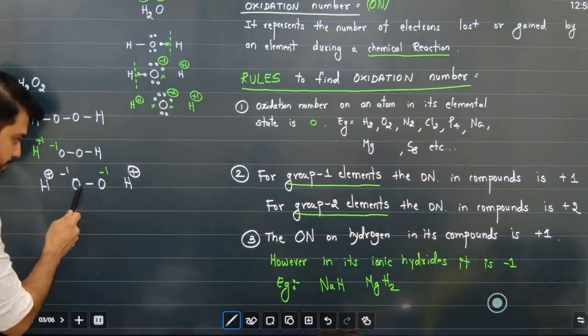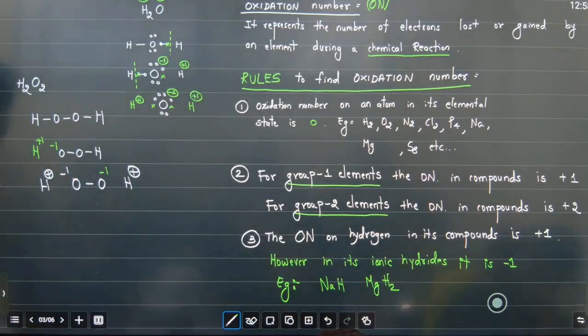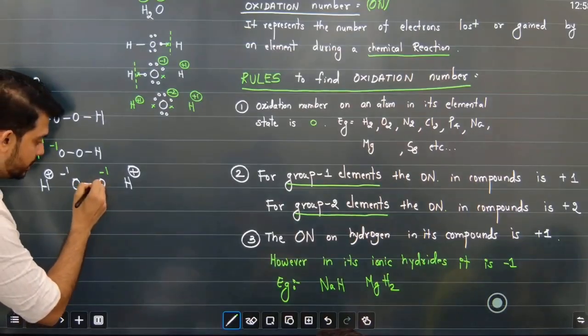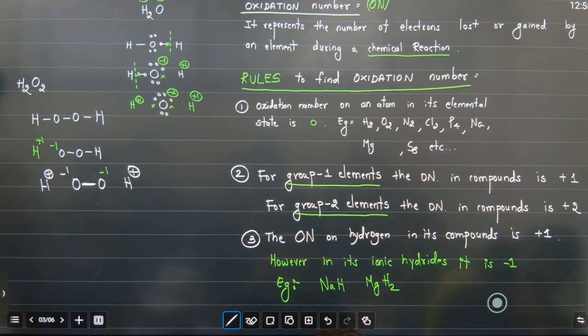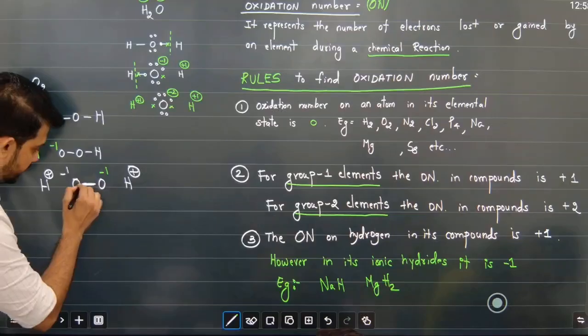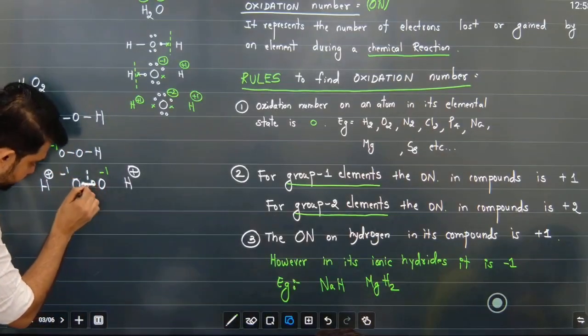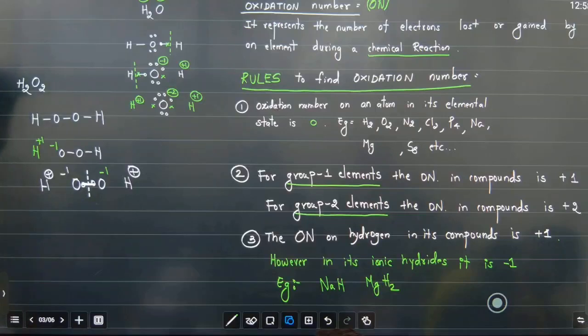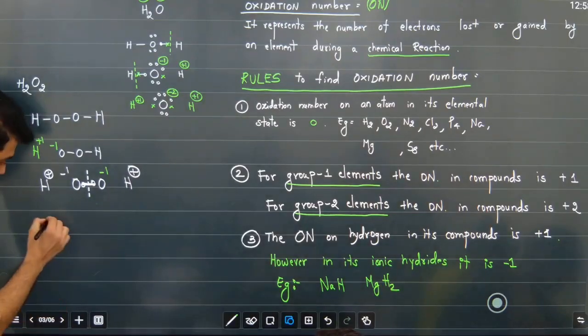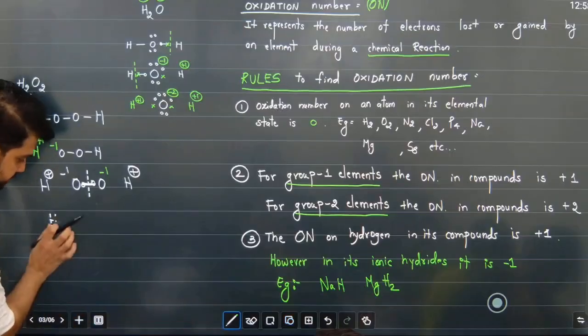Now tell me, if I break this bond between O and O, both have the same electronegativity, so this bond is going to break equally, or homolytically. Each electron which belonged to the respective oxygen, each will take its own electron back, but will it develop a charge? So what will we finally see?